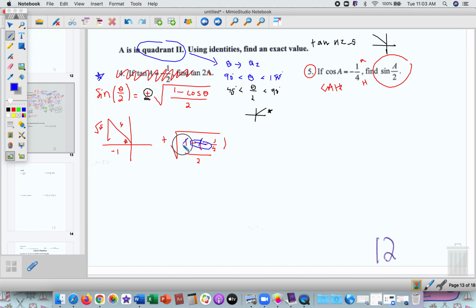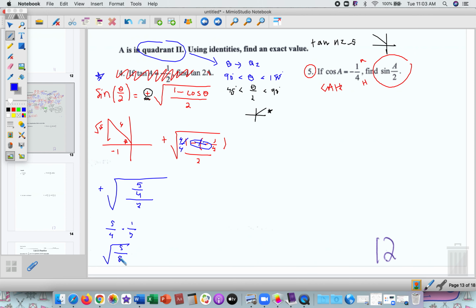We can replace 1 with 4 over 4. In our numerator, we'd have 4 plus 1, or 5/4. In our denominator, we have a 2. Under the radical we have 5/4 divided by 2, or multiplied by the reciprocal, which is 1/2. Then we get 5/8.